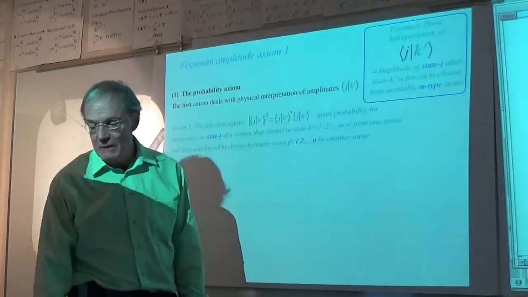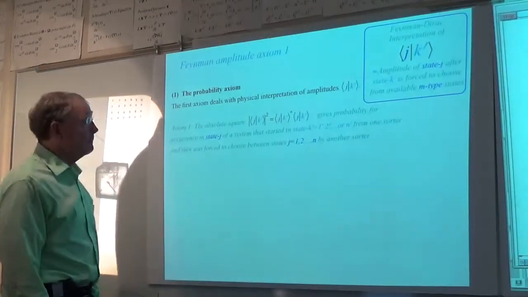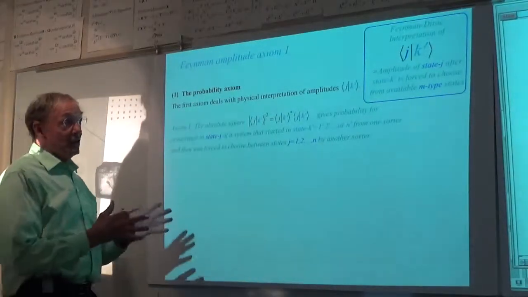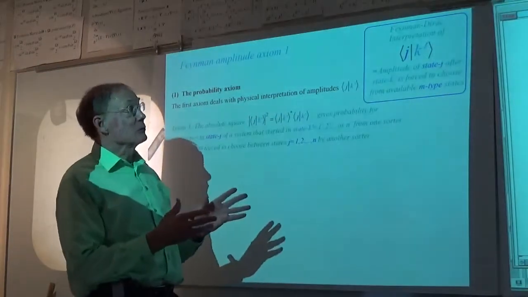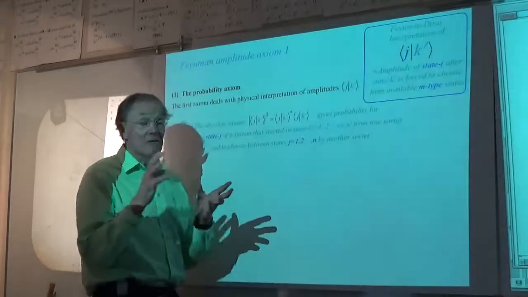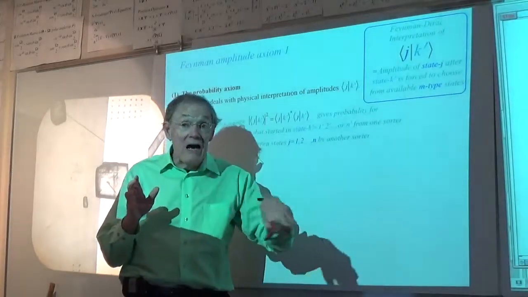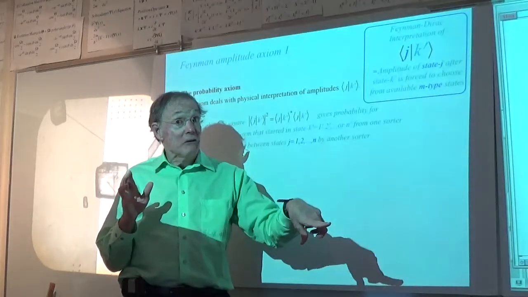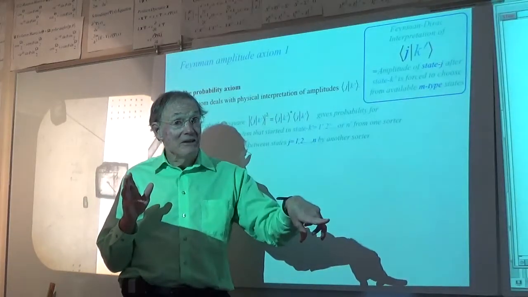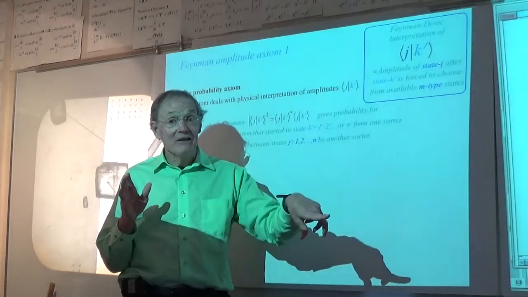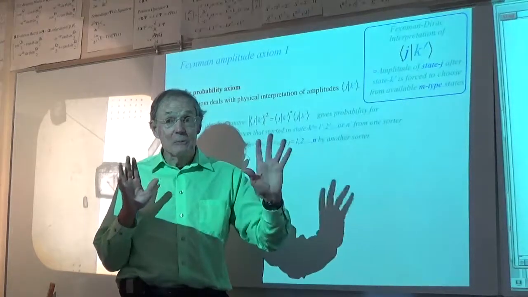So let's do the Feynman number one axiom. Now, we're making a big jump right here because we're saying the stuff that we got from light is going to apply to all of the quantum mechanics things that we're going to be doing in the normal Schrodinger sort of way. That's a little bit spooky, right?